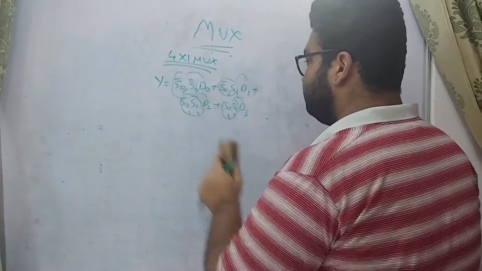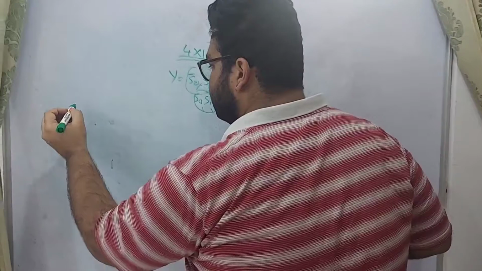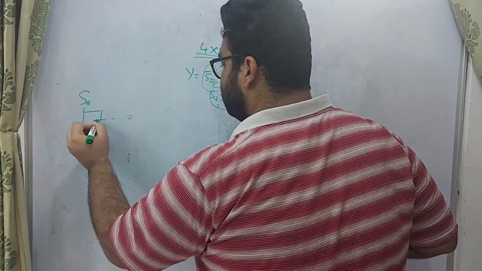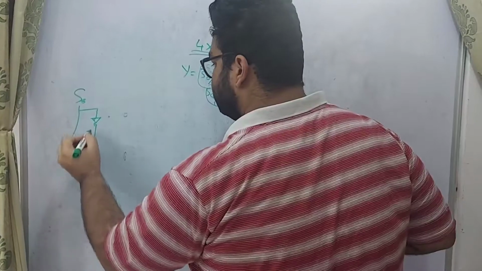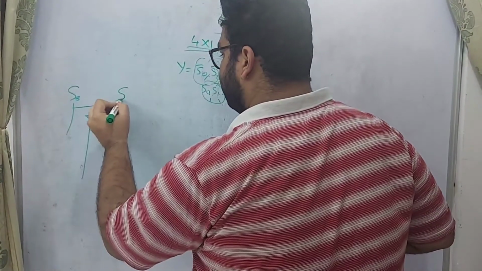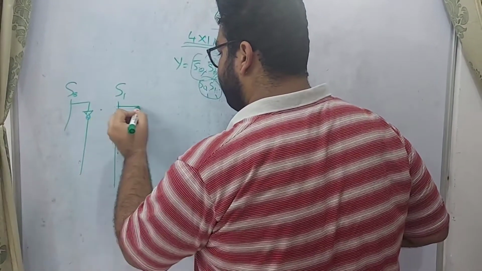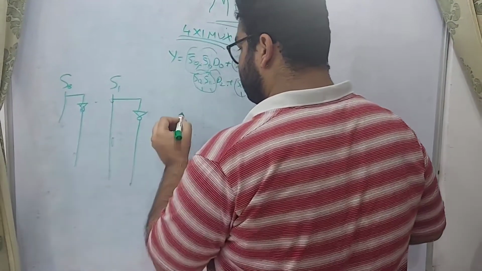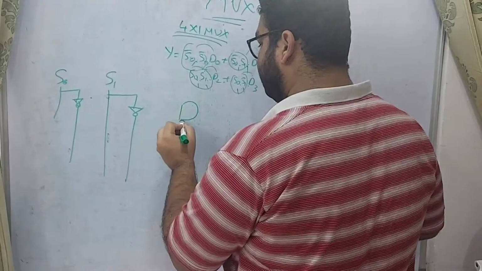Yeah. So first I'm going to draw the S0 NOT gate, S1 NOT gate, and now I'm going to take one AND gate.